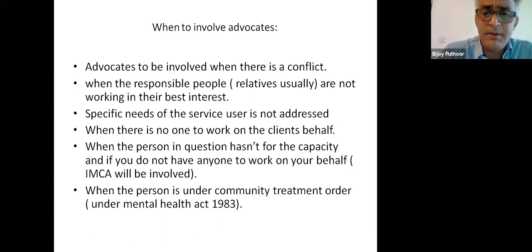And responsible people: for example, if the service user has a son who is the responsible individual, and they are not working in the resident's best interest, then an advocate can be involved so that they can be impartial and support the person in their best interest.